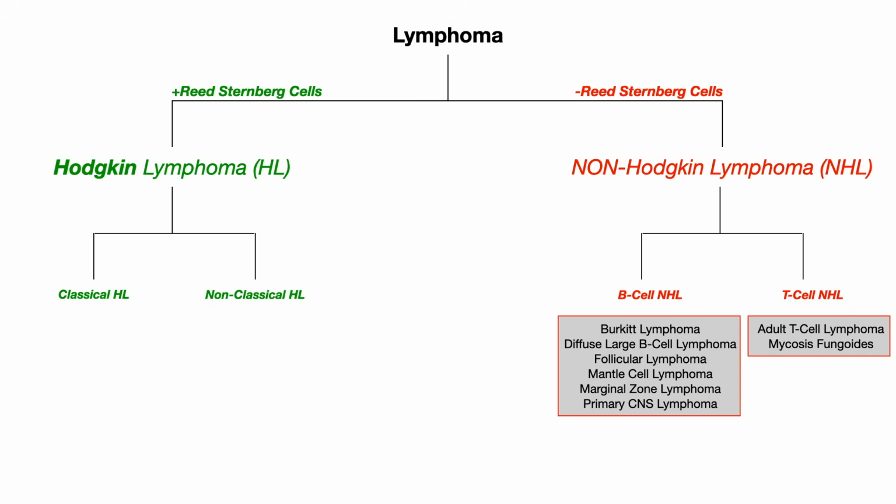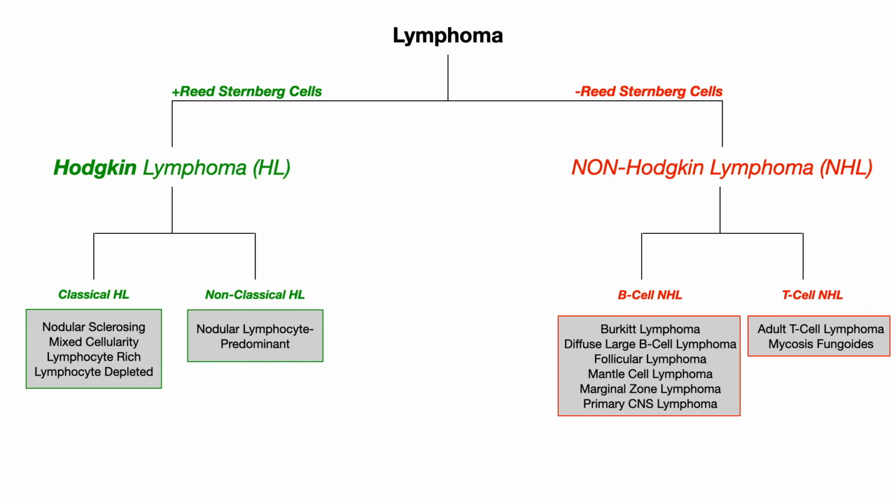If you're watching this video, again, solely because you want to do well on Step 1 or Level 1, this is what you need to understand. And I'm not even going to bother talking about the different types of Hodgkin lymphoma, although I will type them out for completeness' sake. So this video will focus on the right-hand part, the non-Hodgkin lymphomas, because that is 90%, if not more, of all of the questions that you'll get on Step 1 or Level 1.